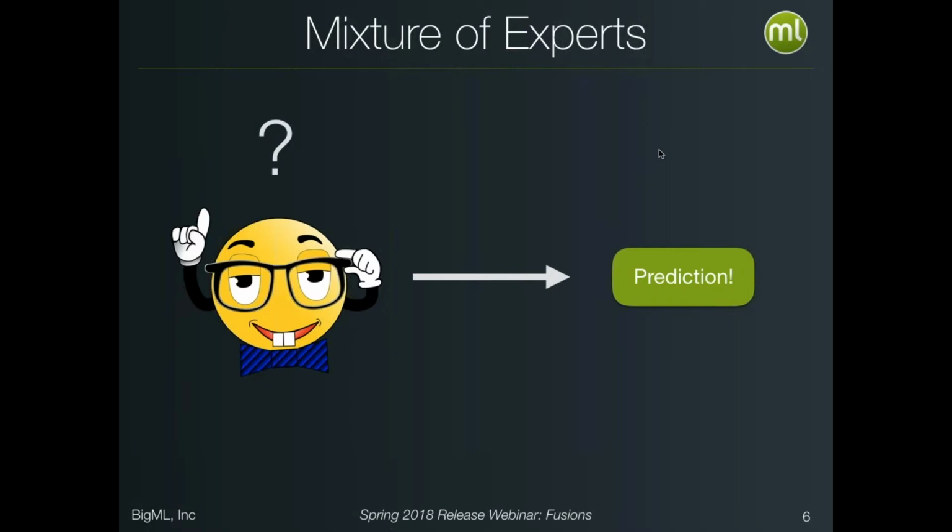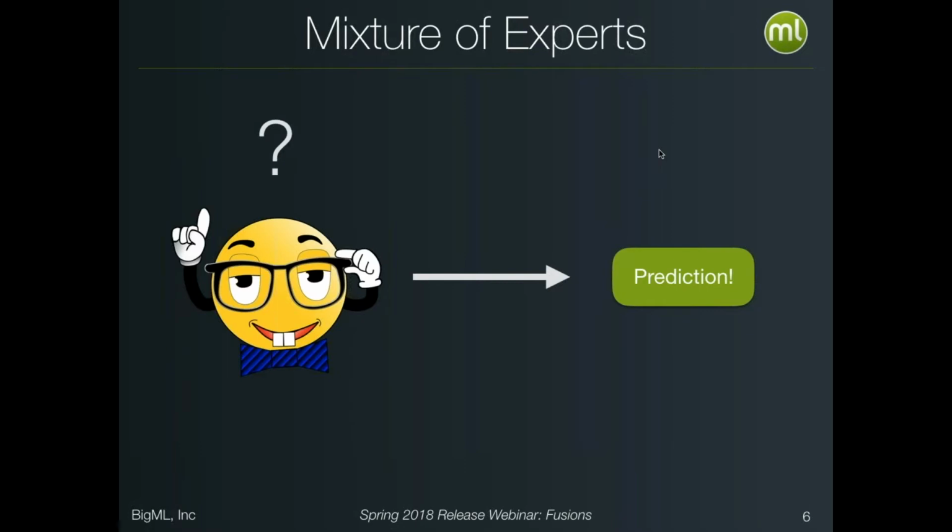ML systems, as much as they try to explain themselves, as we'll see in a bit, you should never take their predictions at face value, right? You don't know exactly what they've learned. And it's the same thing with experts in the real world. You go see a single doctor, they have their own set of biases, they have their own set of weak points or gaps in their knowledge.